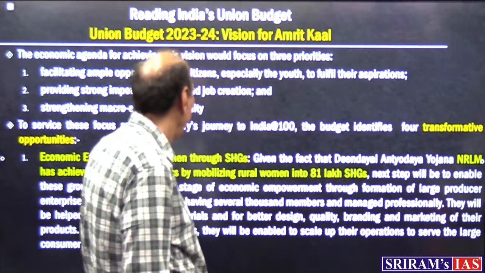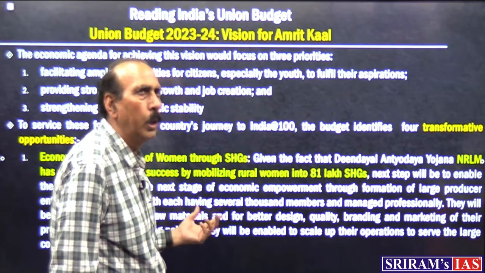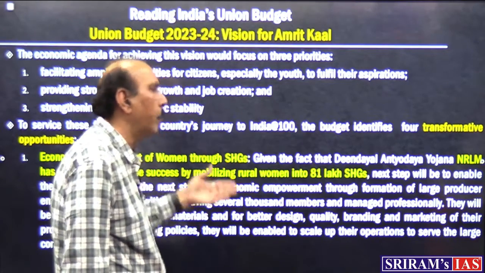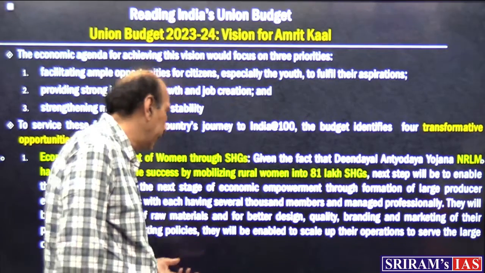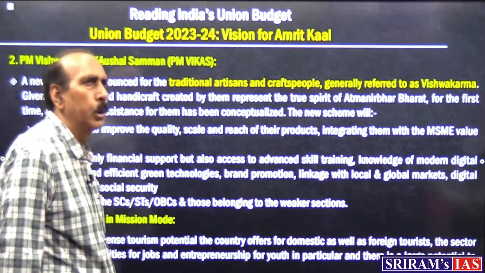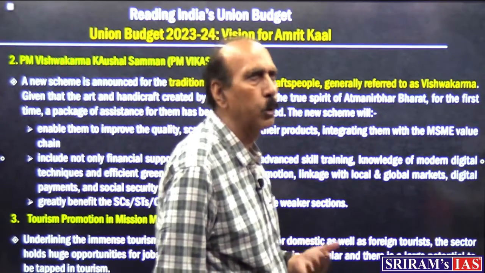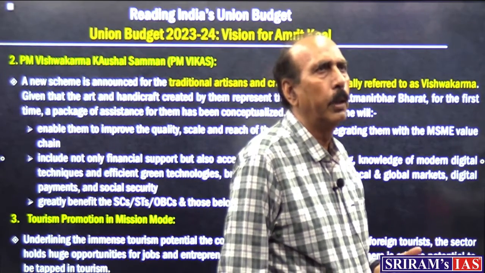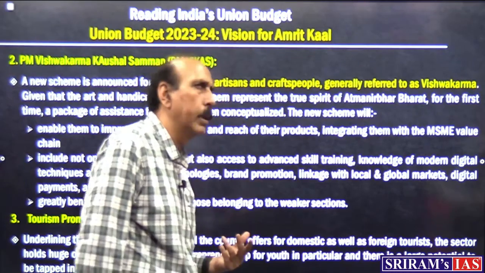That's why this first transformative opportunity is to use the potential already created in the form of self-help groups. The potential is there. The only thing is this potential needs to be utilized. To utilize it more optimally and efficiently, we have to provide them adequate opportunities. Whatever they require, we have to provide them so that their potential can be utilized.